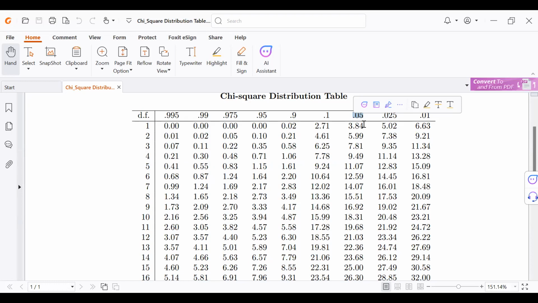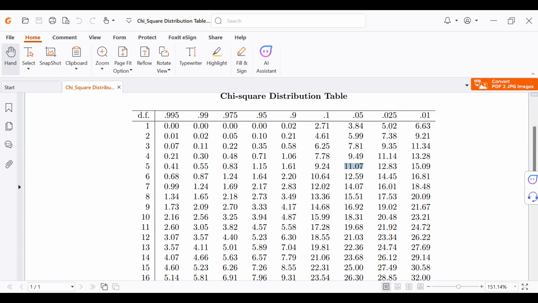You go to where 0.05 is, and then you read down to the line of the degree of freedom that you are using. In this case, our degree of freedom was 5. So when you read down from 0.05, you come to 11.07. This is what we call our chi-square critical value. Is that okay? Yes. Okay.